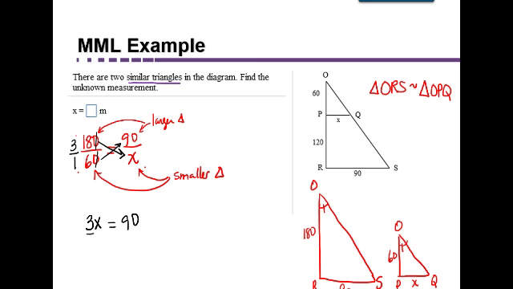Now dividing both sides by 3, we get that x is equal to 30. You might have observed that 60 is a third the size of 180, so a third the size of 90 must be 30. You can do it that way mentally, or you can set up the proportion.